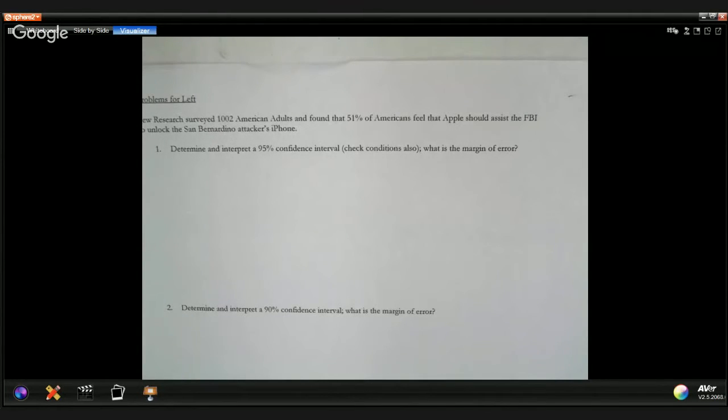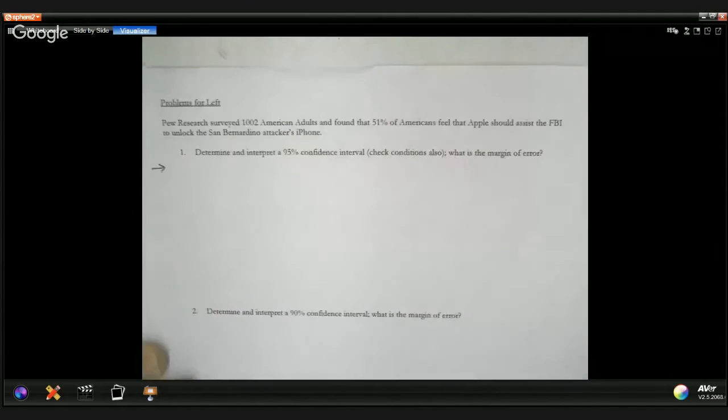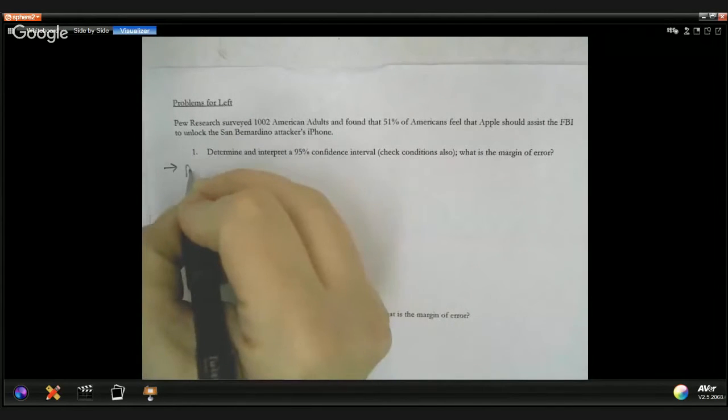okay, whenever we do this, we have to check our conditions. So our first condition is that it's independent. And so people's opinions will be independent of each other.